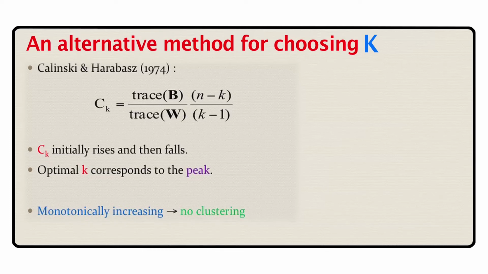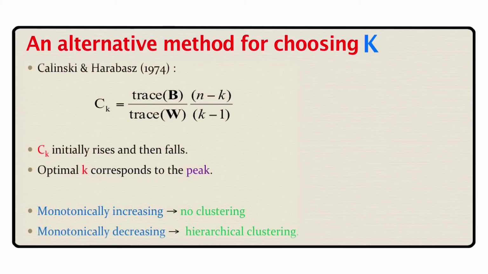In some cases, you might have a monotonically increasing value of Ck, which would imply that you don't have any clusters. So you need not form any clusters. You put them all together. If Ck is monotonically decreasing, then you use hierarchical clustering methods. The best thing that you can do is put them in n different clusters.